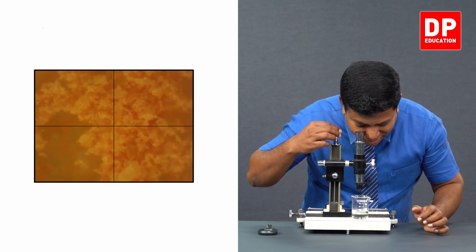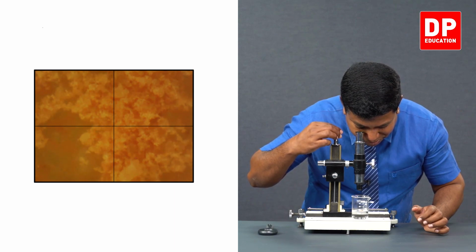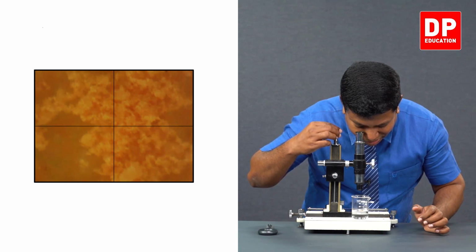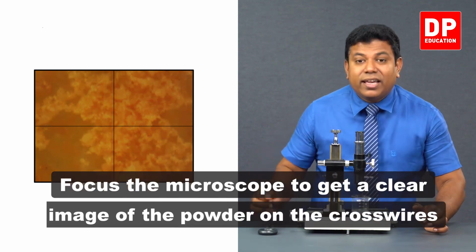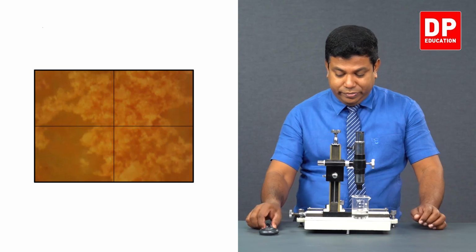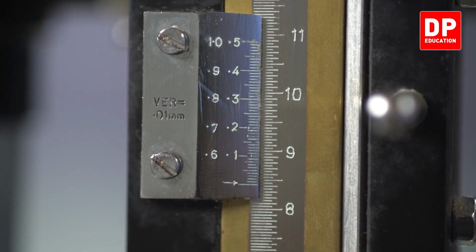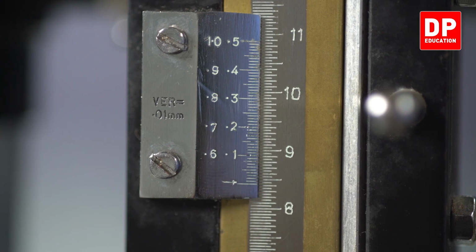Now you can see a clear image of the lycopodium powder. At this point, I can get the reading on the vertical scale. Now you can see here, I have to get the reading on the main scale just below the arrow in the vernier.